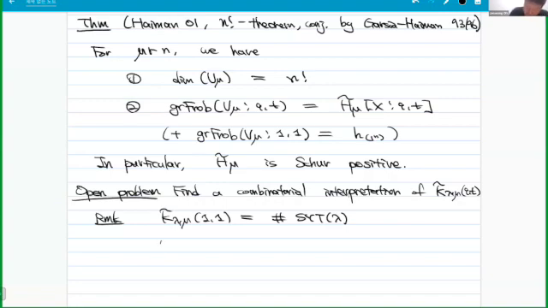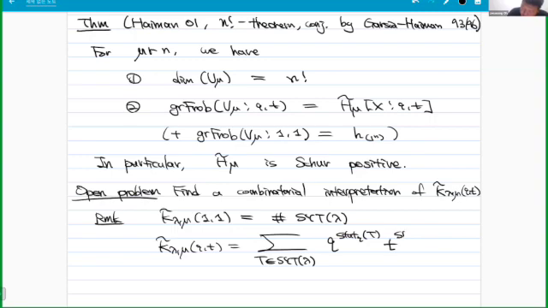So maybe we want a formula that looks like this: a sum over standard tableaux T of q to some statistic of T and t to another statistic of T. We may want to find a formula of this particular form, but in any sense, we don't know the combinatorial formula.